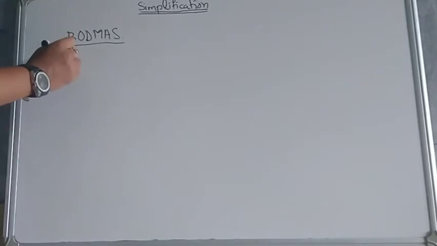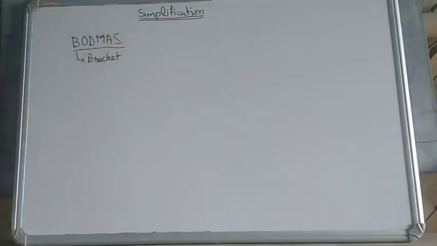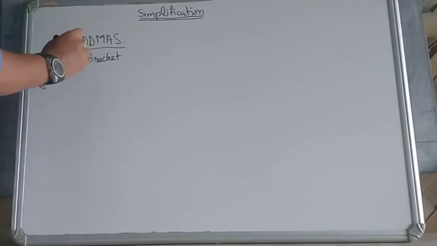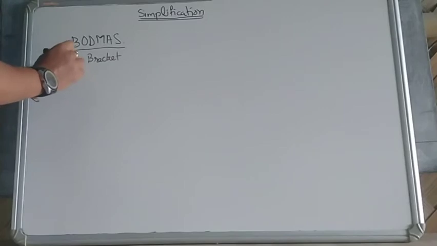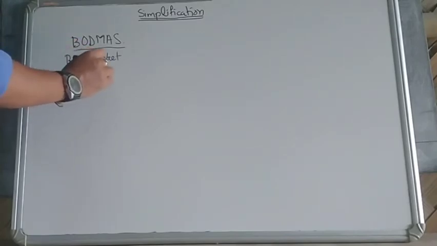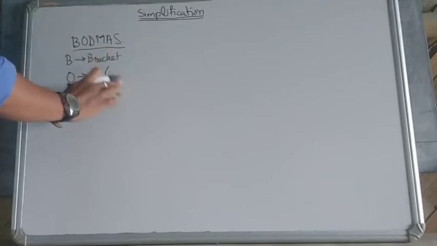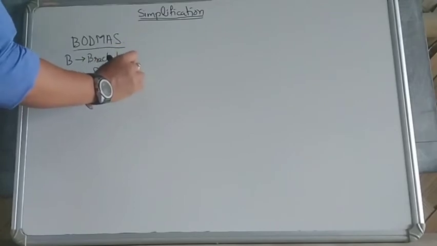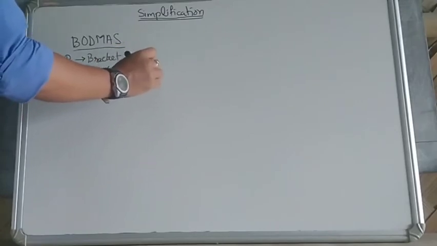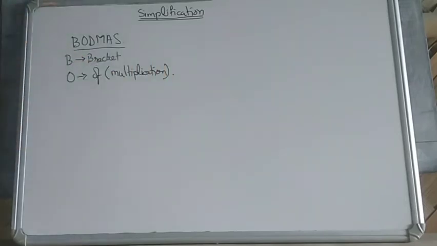B stands for bracket, O stands for of, which means multiplication, I'll explain a little later.